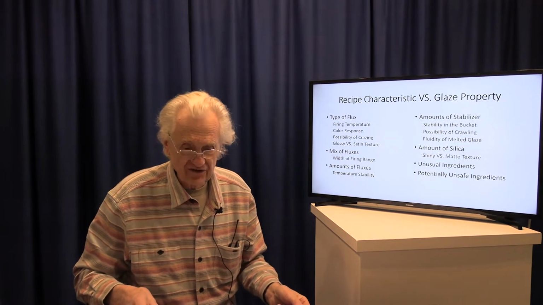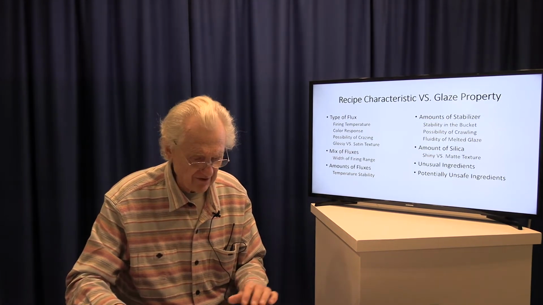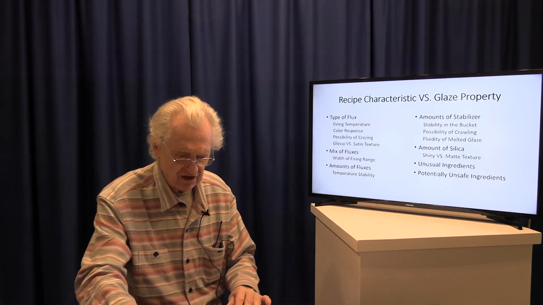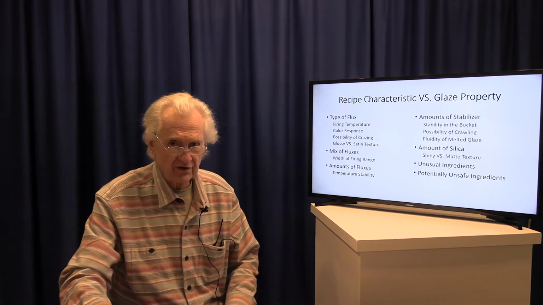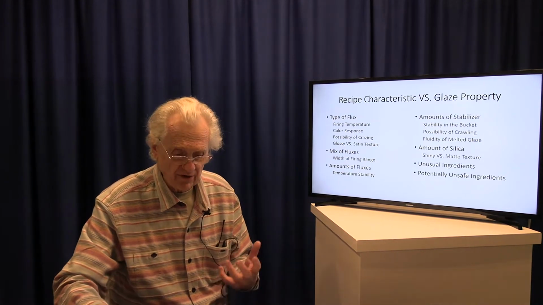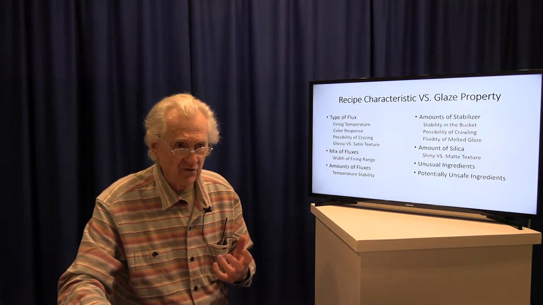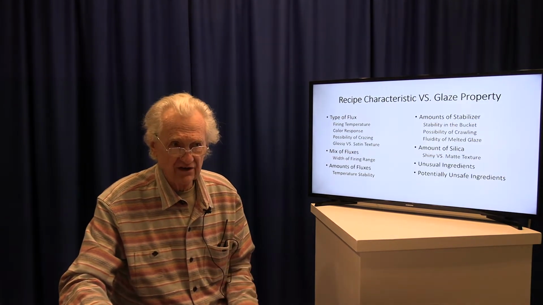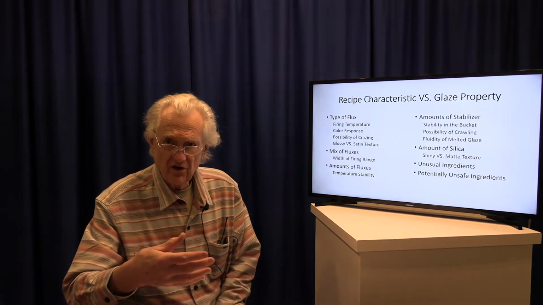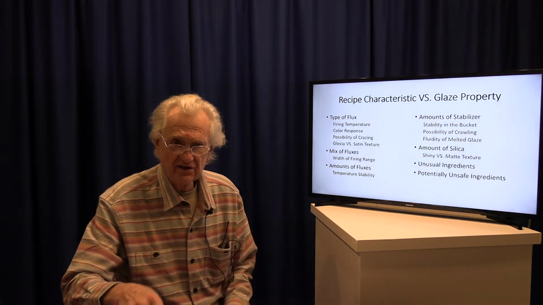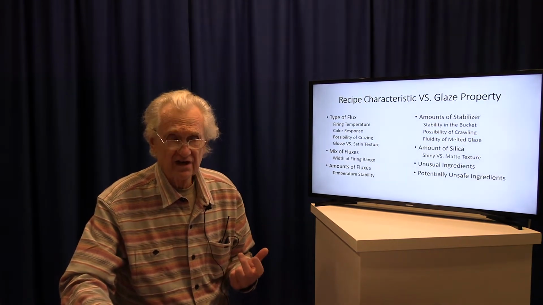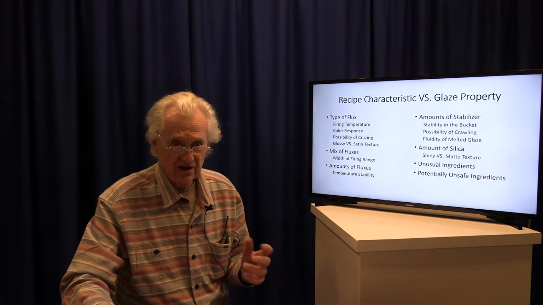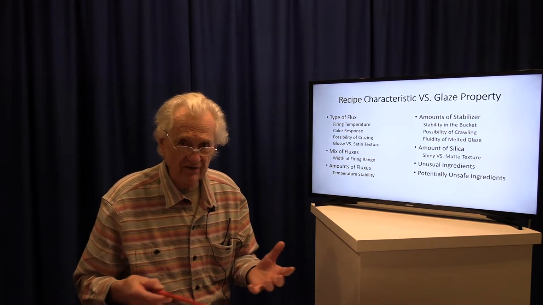Okay, so first let's do a little review of some of the terminology and discussion of glazes. First of all, remember that when you're talking about the Seger formula or the Seger description of a glaze, the components of the glaze are basically broken down into three categories: the fluxes, the stabilizers, and the glass formers. The fluxes are the materials that help everything melt.